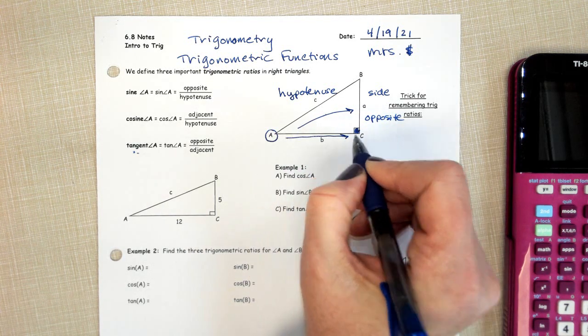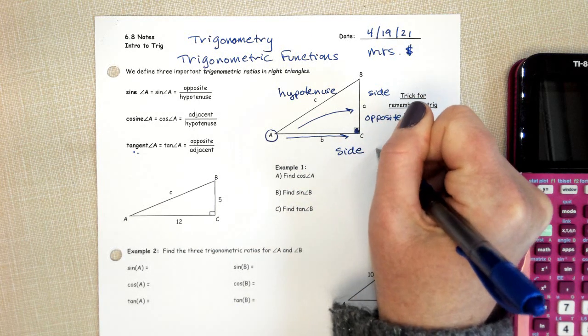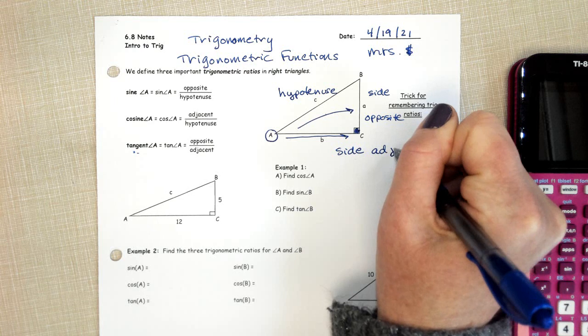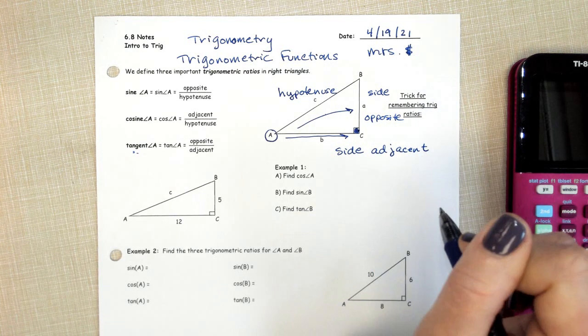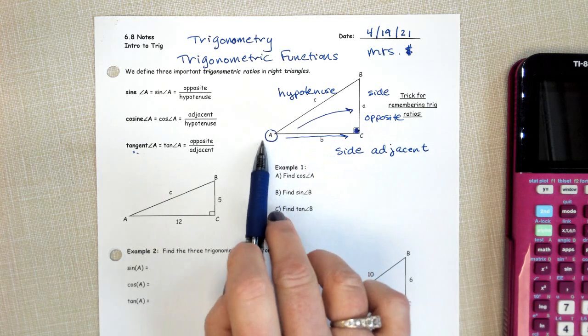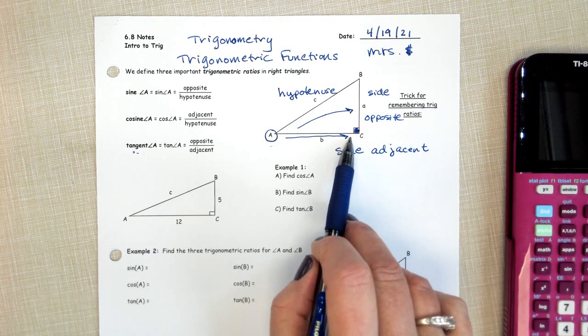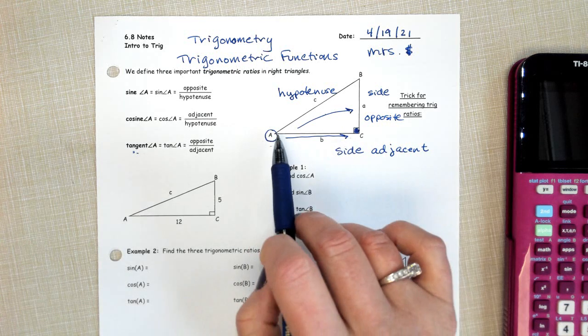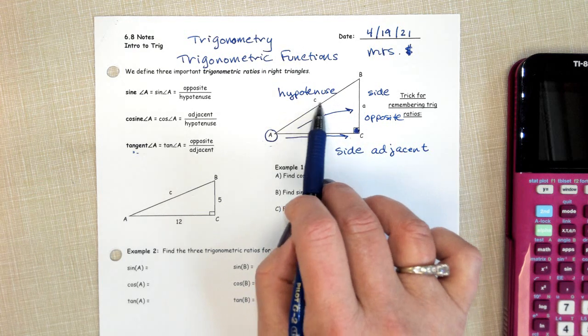Adjacent is maybe a new word. But adjacent means next to. A-D-J-A-C-E-N-T. So from angle A, this is the side adjacent to, and you might be asking, well, why isn't it this side? Because this is the hypotenuse.